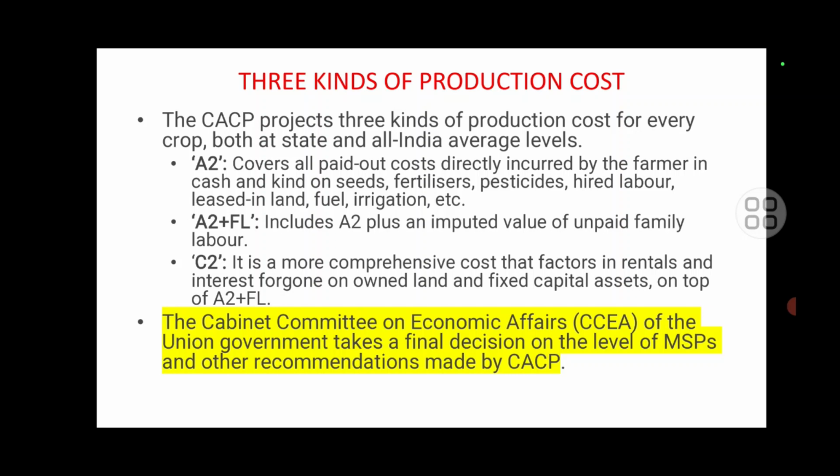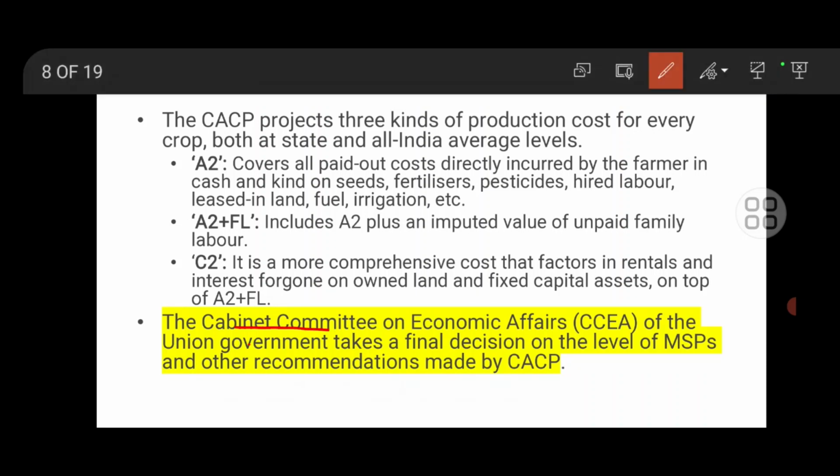Who will take the final decision is the Cabinet Committee on Economic Affairs. They take the final decision on MSP, while what CACP gives is only the recommendation. CACP projects 3 kinds of production cost for every crop: A2, A2 plus FL, and C2.